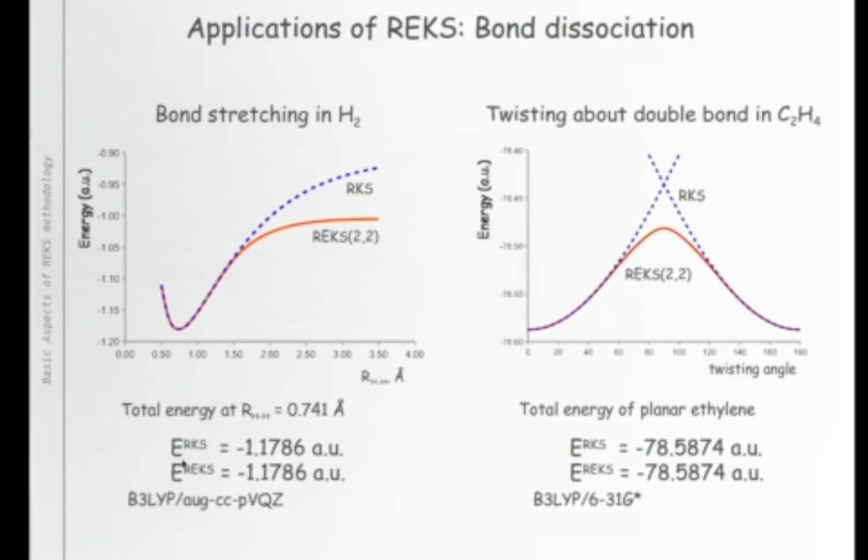Here, the electronic structure is dominated by a single electronic configuration and mostly dynamic correlation. So this means that REKS does not introduce any extra contribution into the standard Kohn-Sham description, provided that the Kohn-Sham description is valid. I observe the same also for twisting about the double bond in the ethylene molecule, where at planar conformation I obtain the same energy as from standard single-reference Kohn-Sham, although not at 90 degrees twisted.